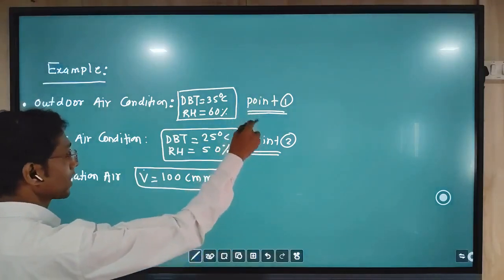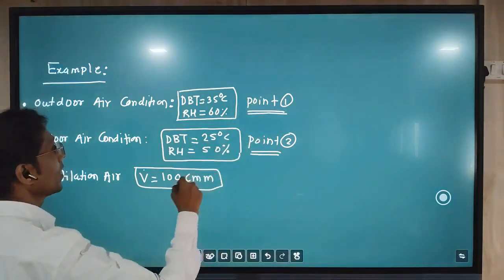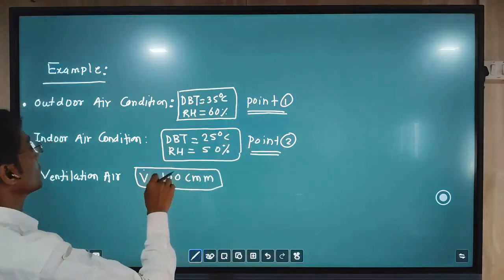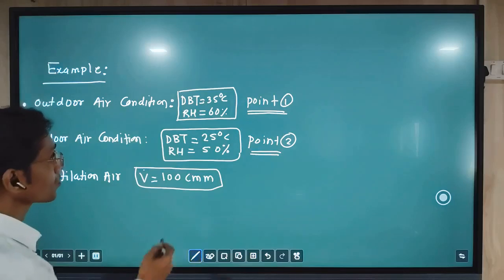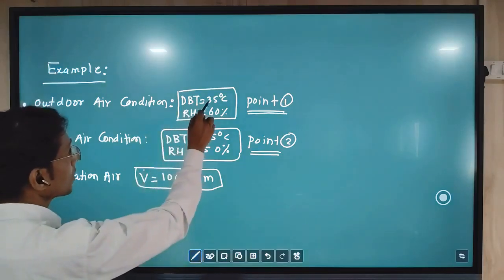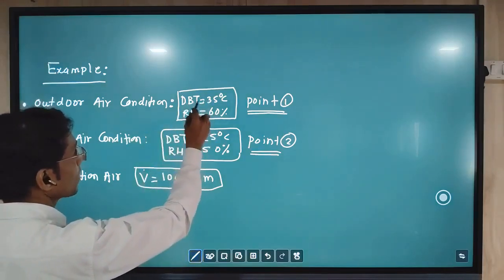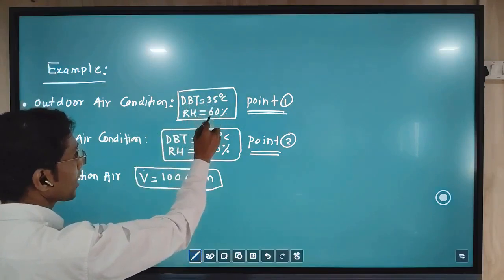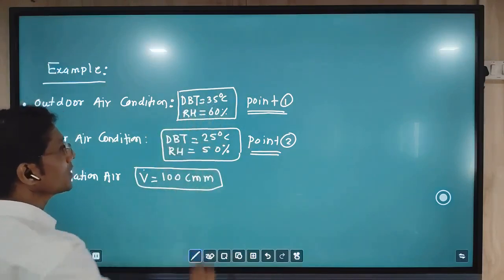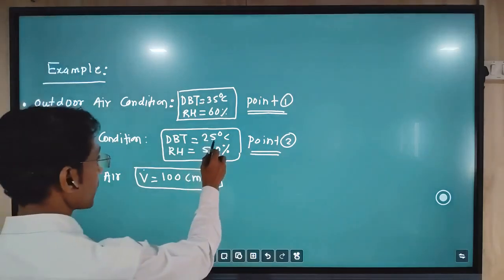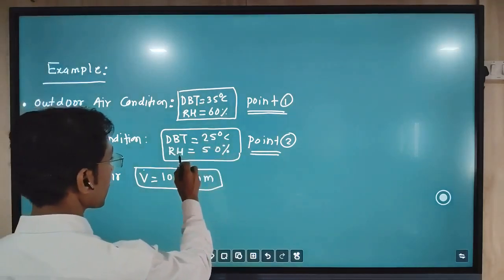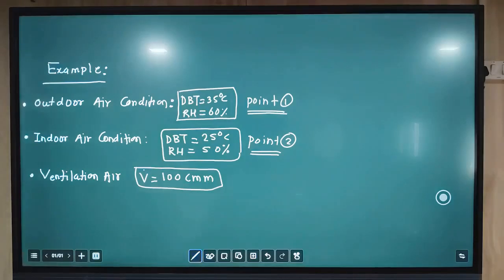If we join these 2 points, we will find the process, that is a cooling process. For point 1, the dry bulb temperature is 35 degrees Celsius and relative humidity is 60%. For point 2, it is 25 degrees Celsius DBT and RH 50%.